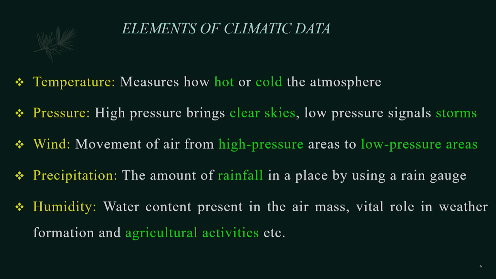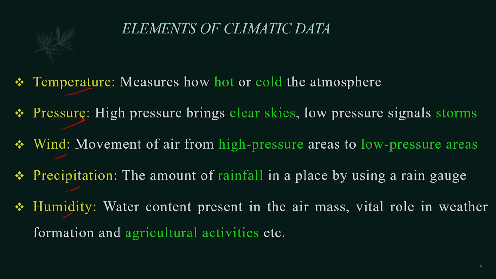Going into the elements of climatic data, we have temperature, pressure, wind, precipitation and humidity. Temperature, as we all know, helps us plot the difference in temperature in a particular region, whether it is hot or cold. Then we have pressure data.